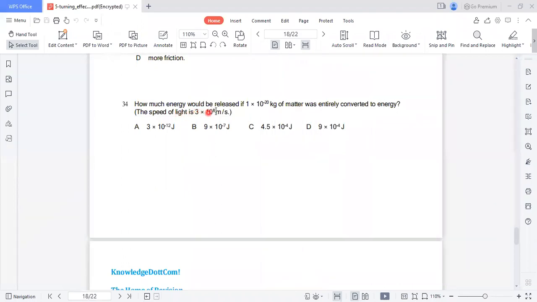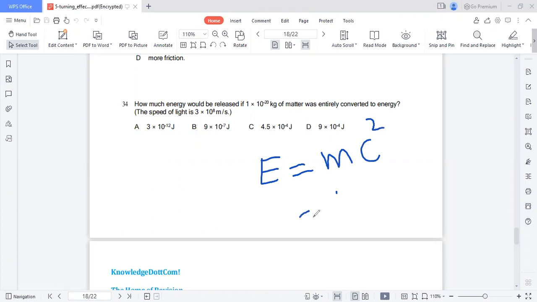How much energy would be released if 1 into 10 to the power minus 20 kg of matter was entirely converted to energy? The speed of light is given. We know by Einstein's equation E equals mc squared.